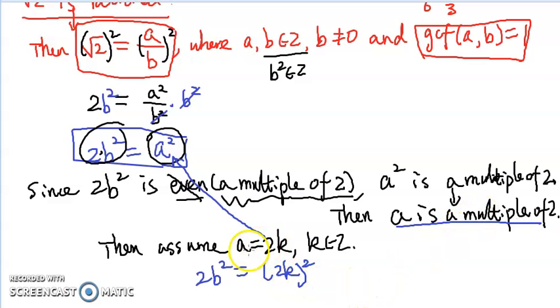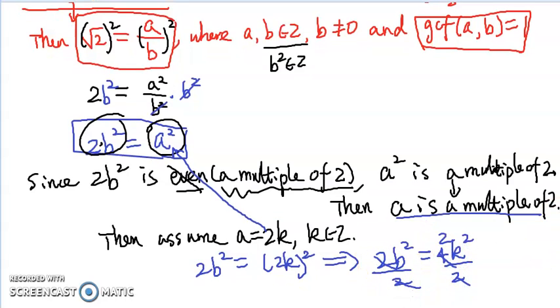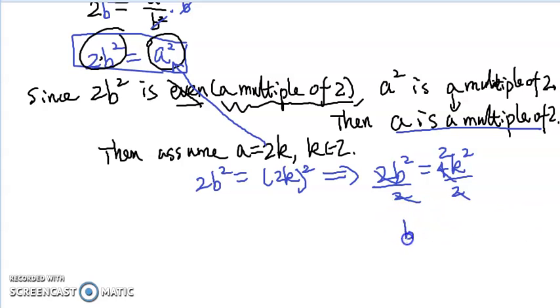That's why we can assume a is 2k. Now simplify the right-hand side. The left-hand side stays the same. The right-hand side, we get 4k squared using algebra formulas. And we divide both sides by 2 to simplify this expression a little bit, so now we end up with b squared equals 2k squared.